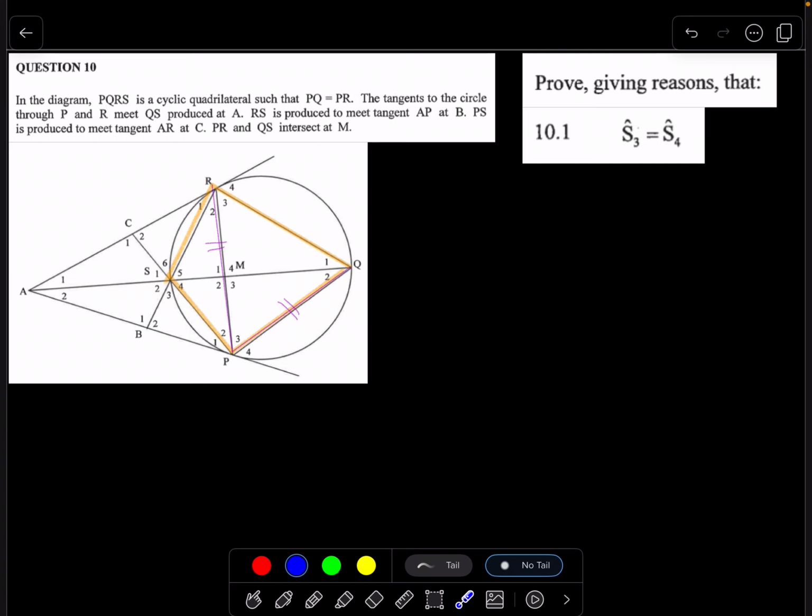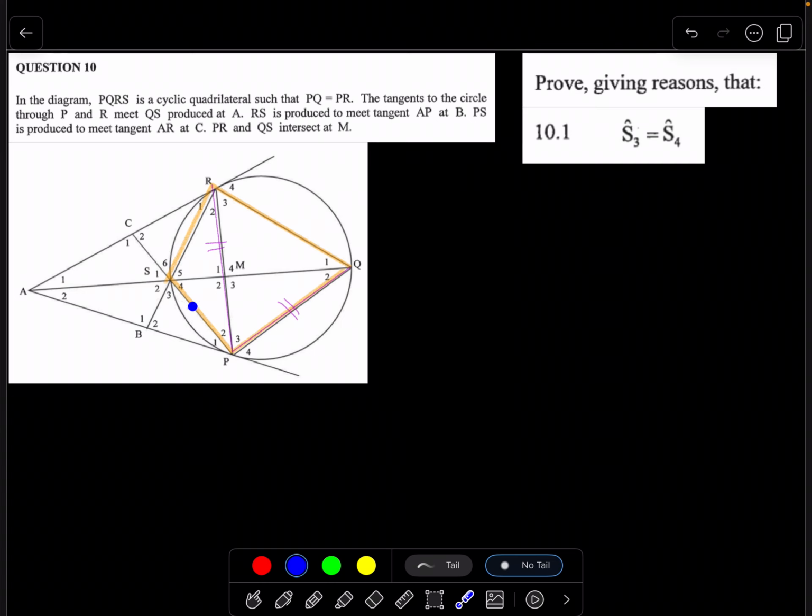Prove, giving reasons, that S3 is equal to S4. Okay, so for me, when I see S4, what immediately strikes me is R3, angles in the same segment. Then I'm trying to think, okay, what's so special about S3?